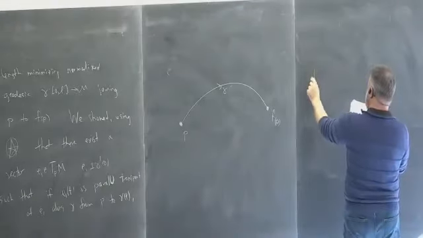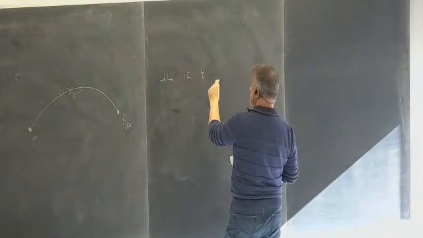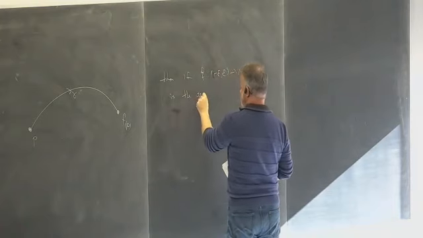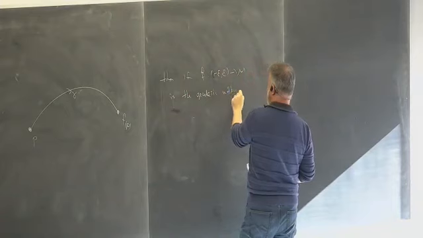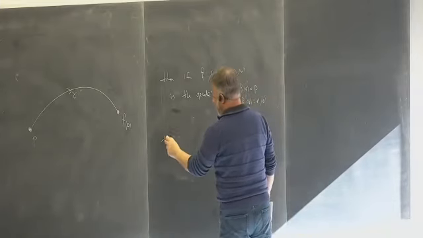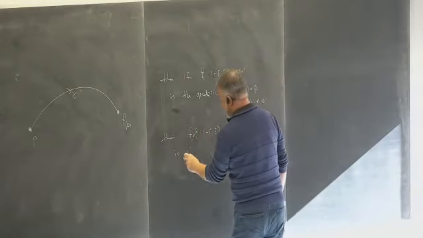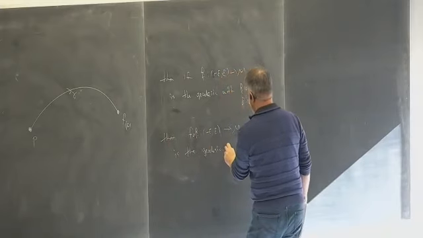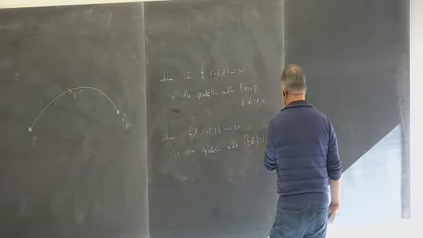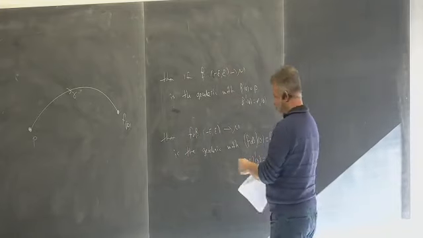I'm gonna come back to the picture. Then if beta is the geodesic with beta of 0 is P and beta prime of 0 is E1 at 0, then F compose beta is the geodesic with F compose beta at 0 is F of P, and F compose beta prime at 0 is E1 at L. That was the big deal, right?